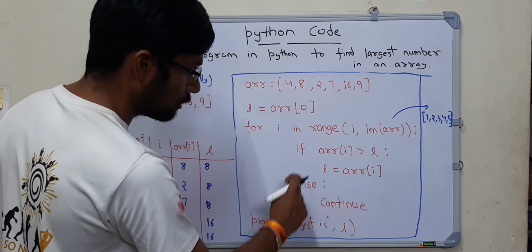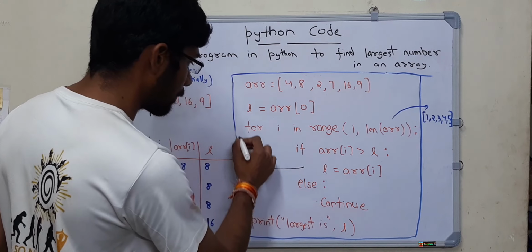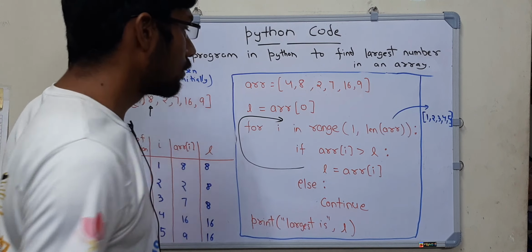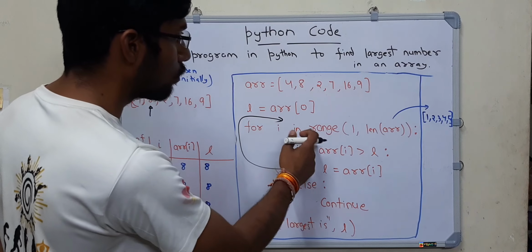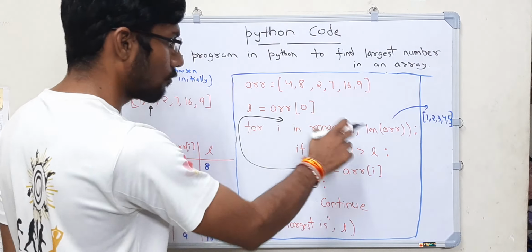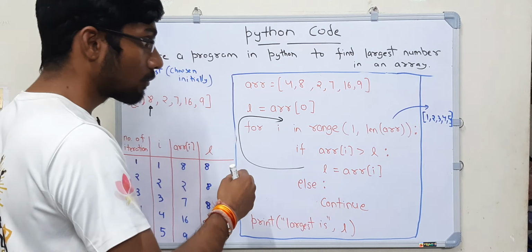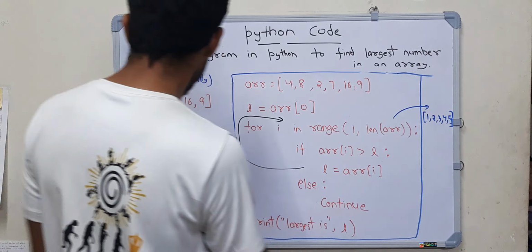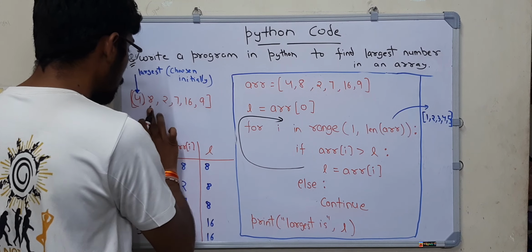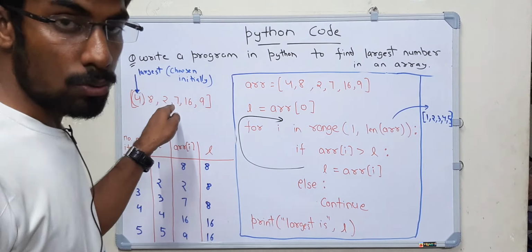And this is the else part, so this will not run. In the second iteration, the control will go to this for loop. In the second iteration, my i will take value 2, which is index 2. At index 2, the element is 2.